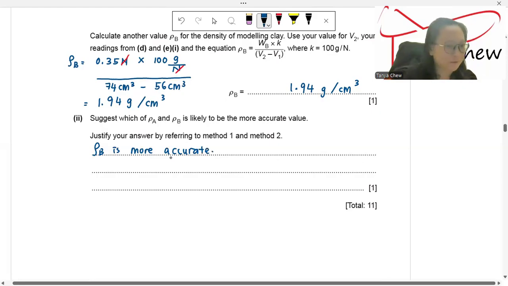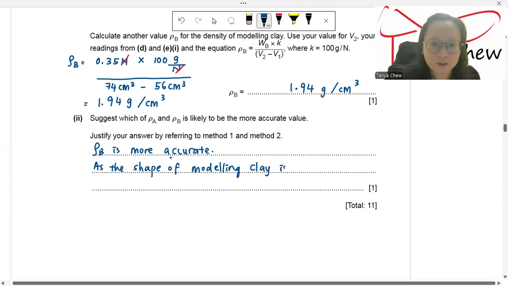Justify your answer: the shape of modeling clay is irregular because it is not really a fixed shape.